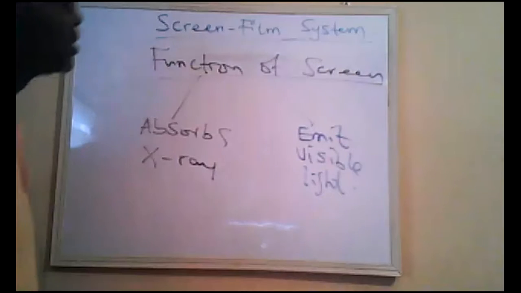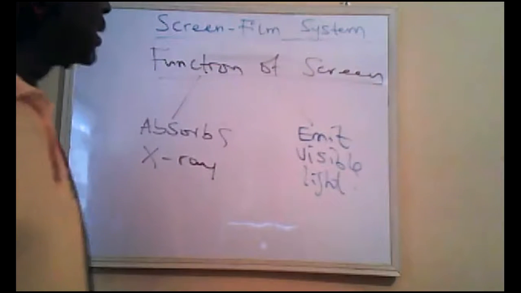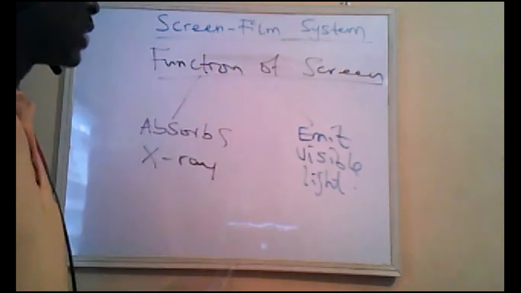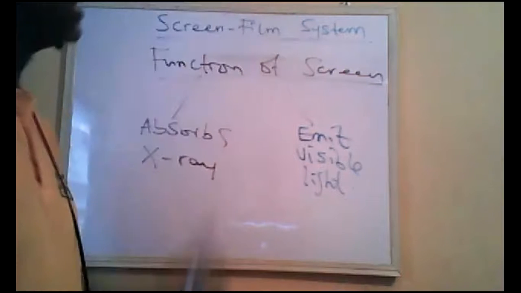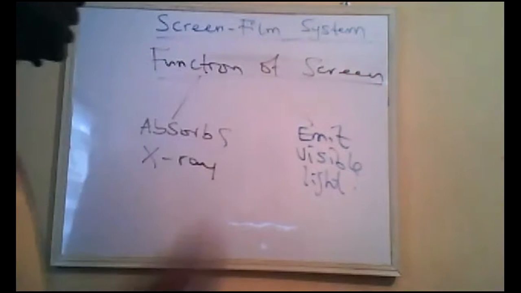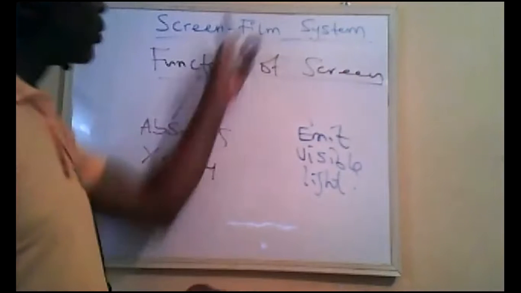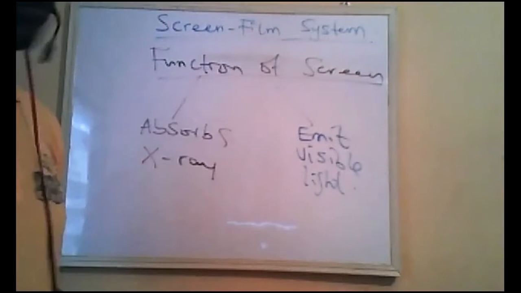So the functions of the screen are twofold: absorb the X-ray and then emit visible light. Whereas if it had been an ordinary film system without a screen, the film would just act on the X-ray directly. X-ray will just pass through it, because film has a very poor propensity for X-ray.